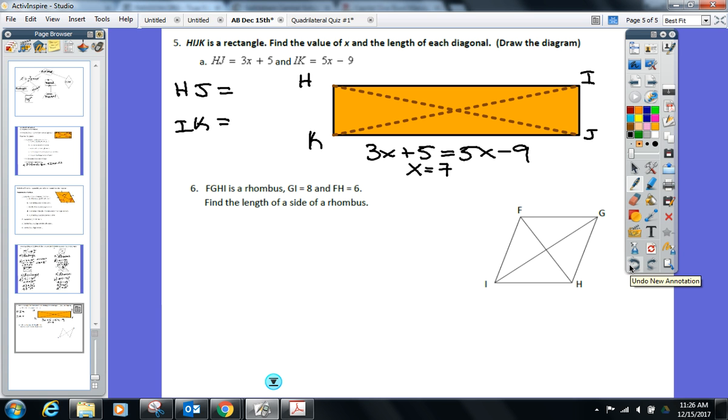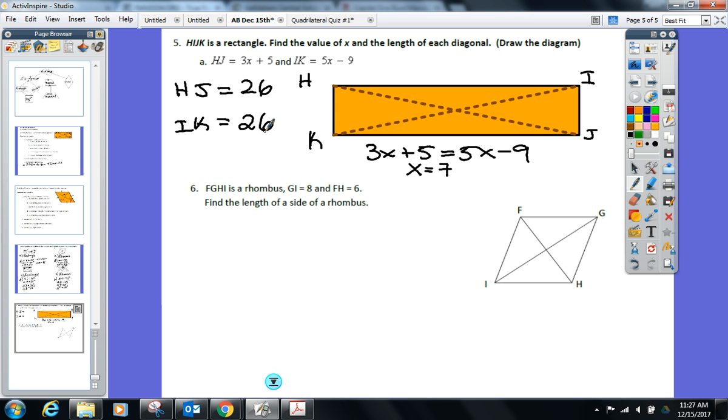Go ahead, Heaven. Yep. And then the second one is... Hopefully they're equal, right, everyone? Hopefully they came out to be the same because the diagonals are congruent.